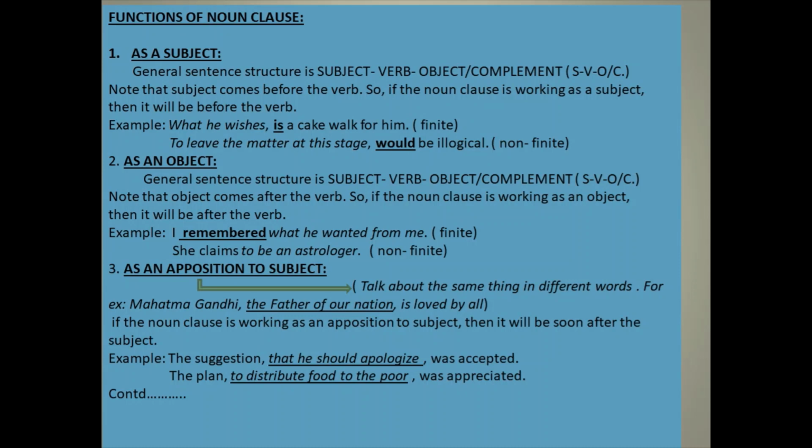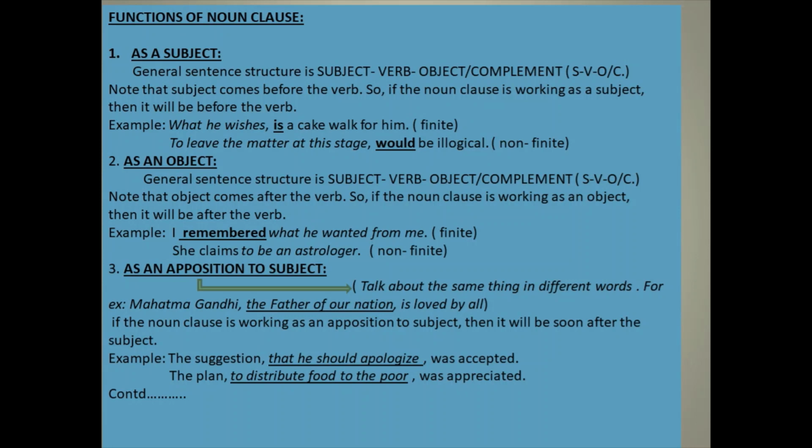Okay. Now, if you get the noun clause as an object, then what would be its function? So as an object, the noun clause, the general sentence structure is again subject, verb, object, or the complement. So note that the object comes after the verb, right? So if the noun clause is working as an object, then it will be after the verb, right?